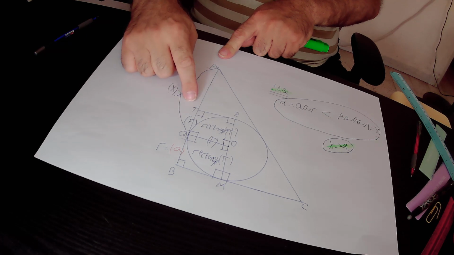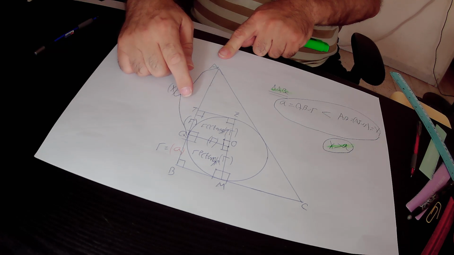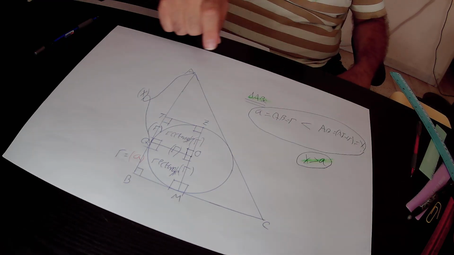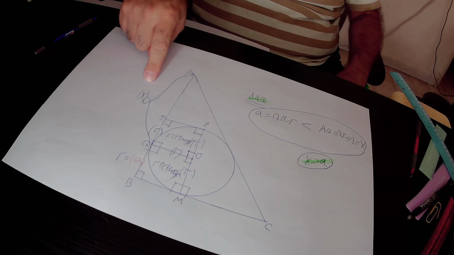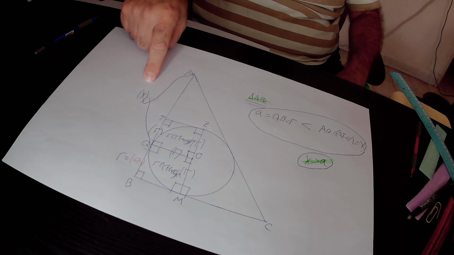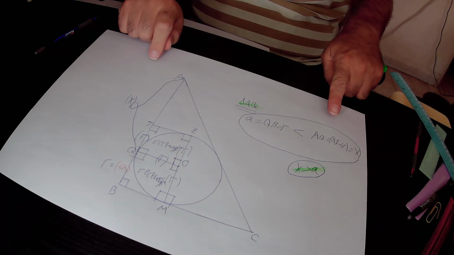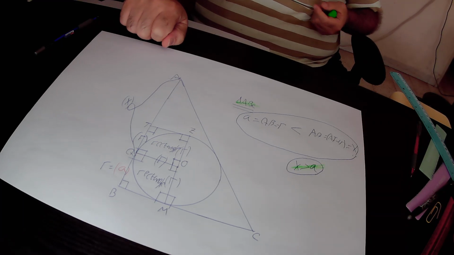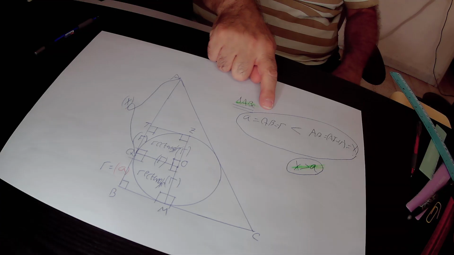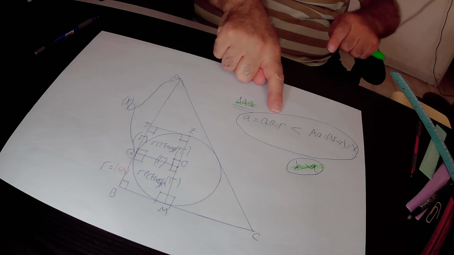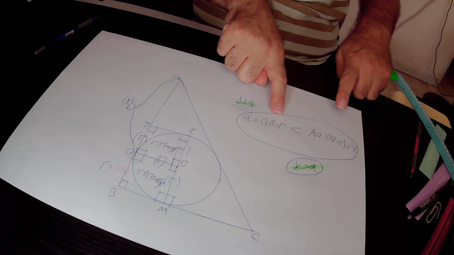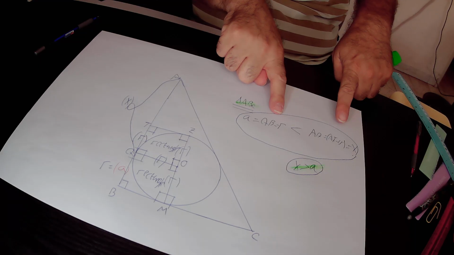Since TQ is R, AQ equals AT plus R, and that equals X. And you have here QB is equal to R, but R is definitely less than AT plus R, because AT is a positive number.